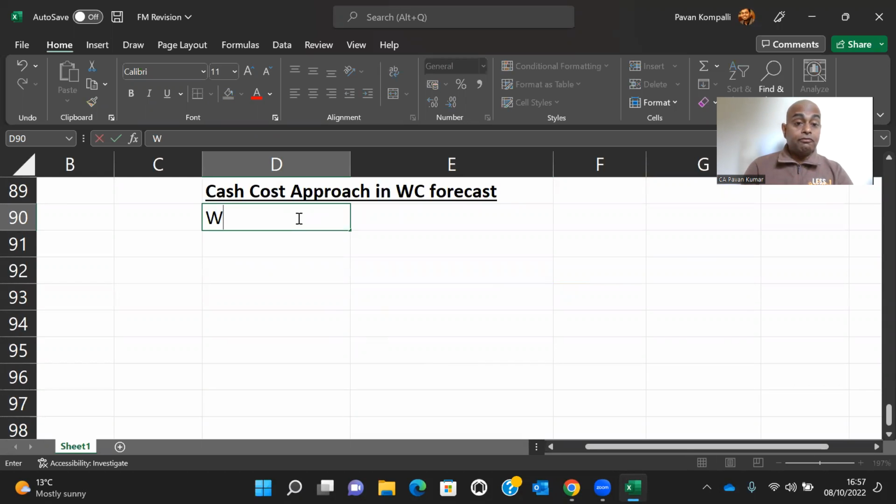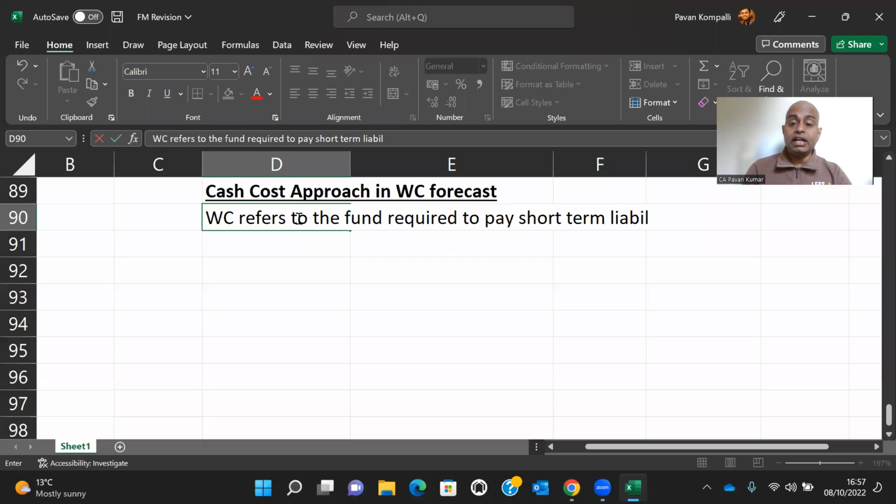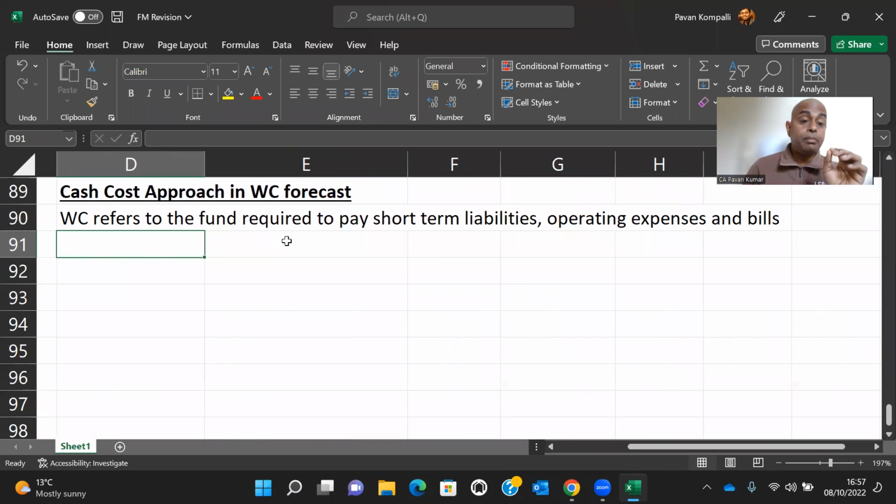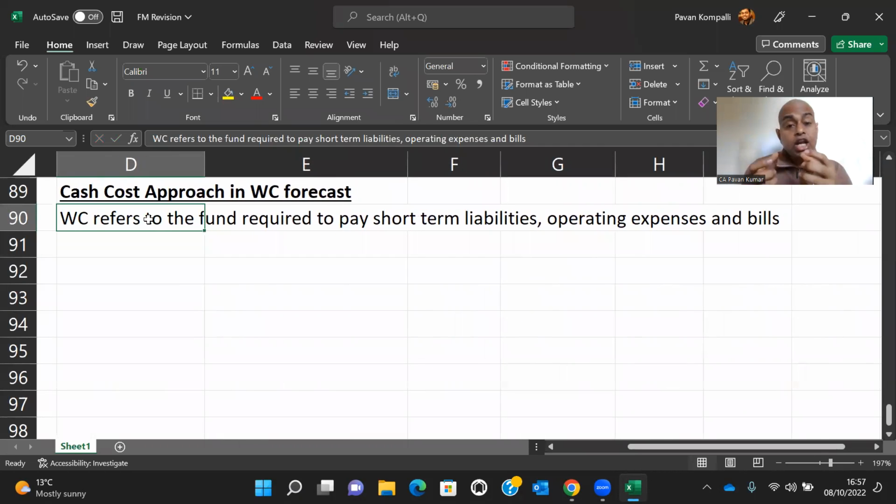Now, working capital refers to the fund required to pay short-term liabilities, operating expenses, and bills.